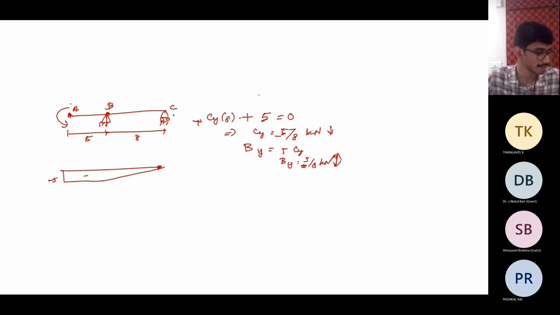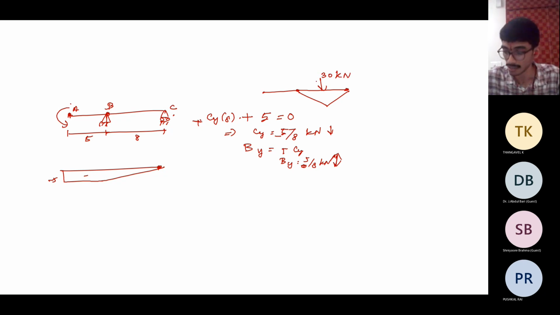Coming to the second part, you have a concentrated mid-span load of 30 kilonewtons. And this is kind of simply supported. These portions are free of any shear force or bending moment.